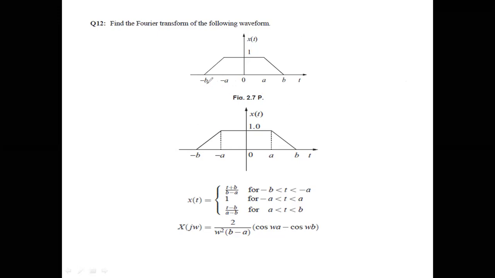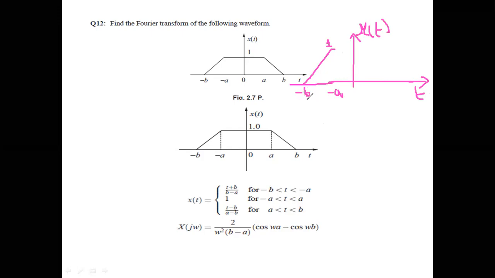Okay, my dear students. Now, first of all, I am taking the stage from minus b to minus a. You see how it looks. Here is minus b, and here is minus a, with a slope of 1. Now, minus b is on the x-axis, nothing but the t variable, and the y is not y of t, it is the x of t signal.